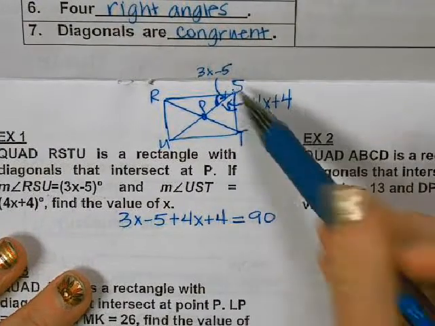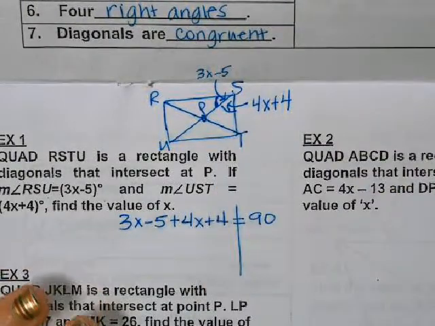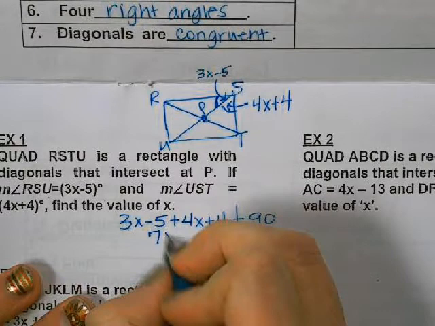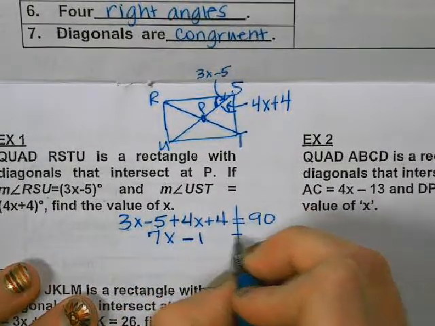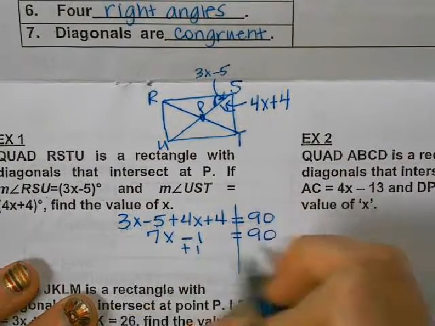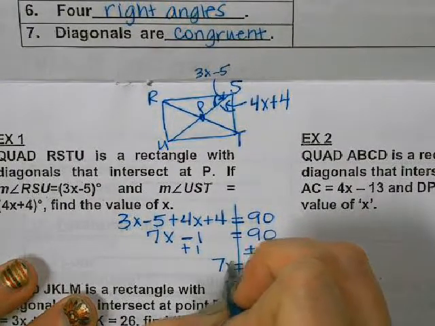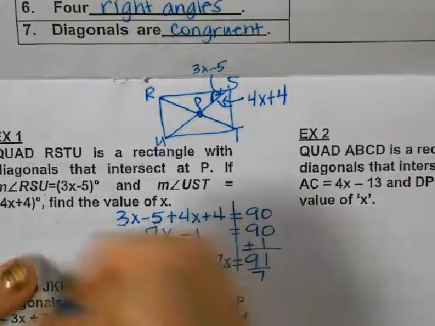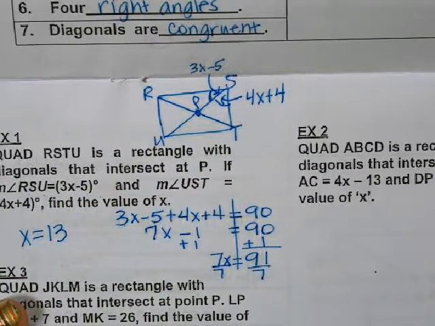Because together, these 2 angles make 90. And then we're going to go ahead and solve that equation. So this is going to be 3x and 4x make 7x, and negative 5 and 4 make negative 1 equals 90. And then add 1 to both sides. 91 equals 7x. Divide by 7. So we get x equals 13.